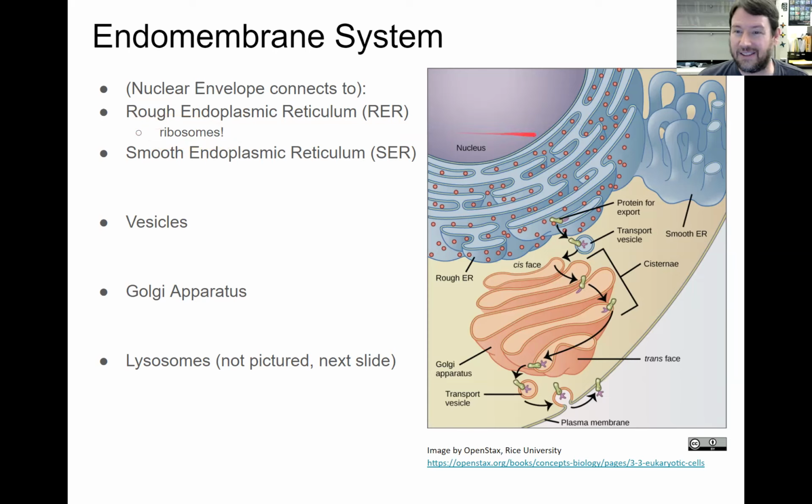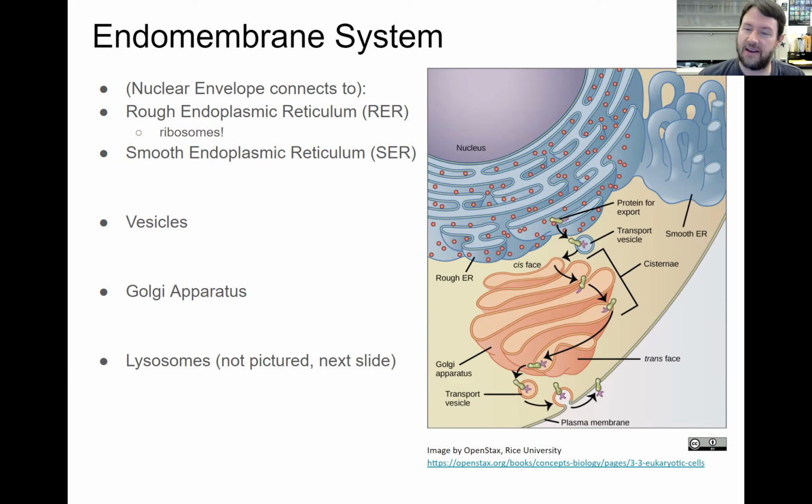So essentially this rough endoplasmic reticulum is responsible for building proteins that are either going to be enclosed in a membrane or they're going to be embedded within a membrane, inside that phospholipid bilayer. So any membrane associated protein is going to be built by the rough endoplasmic reticulum.